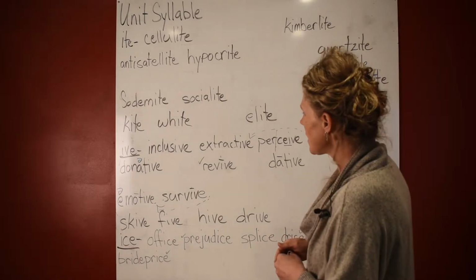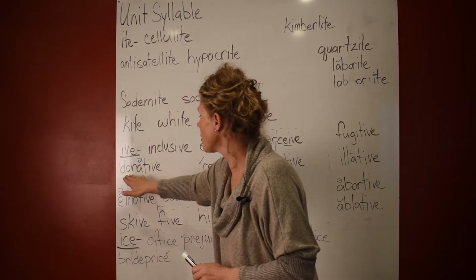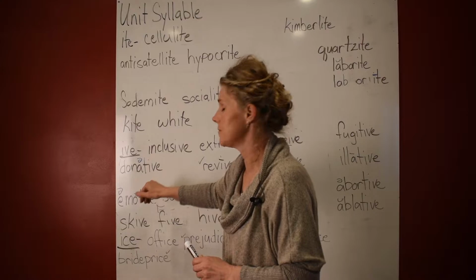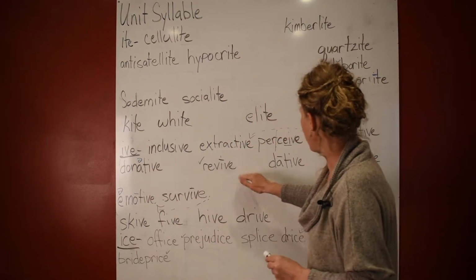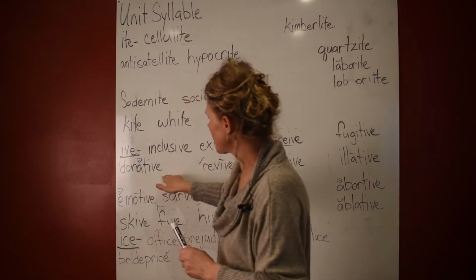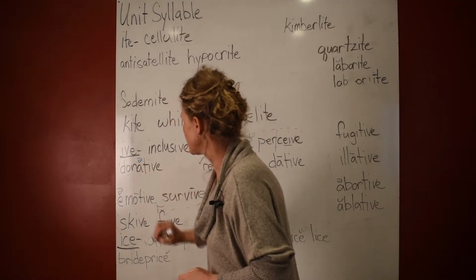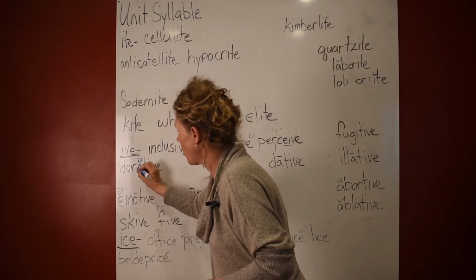So now this one right here, donative, or it could say donative. I've heard both ways. Revive, dative. Now listen to this. We're gonna break this apart. We're gonna find our vowels right here, boom, boom, boom. And we have one in the middle.